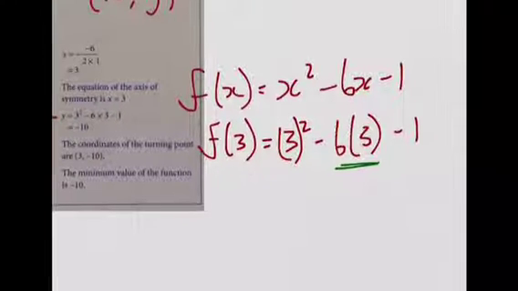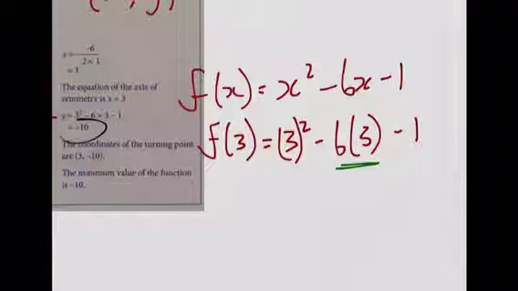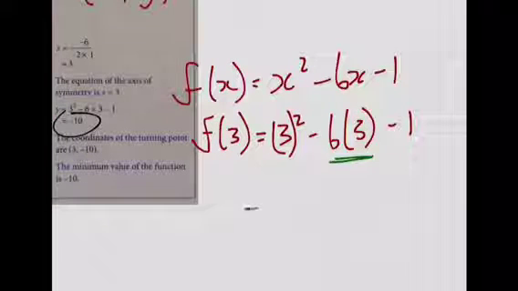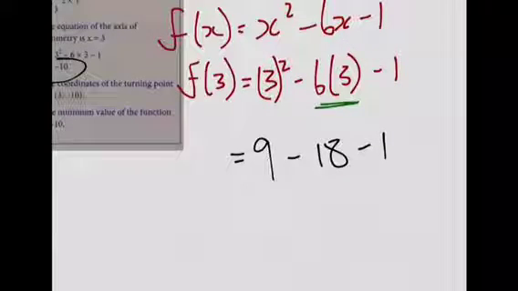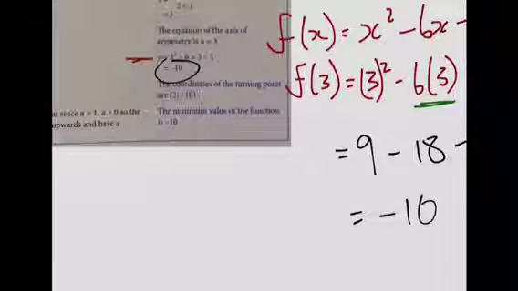So anyway, working through that, they've just got their answer there, but just for good measure let's work it out. So 3 squared is 9, minus 3 times 6 is 18, minus 1, which equals 9 minus 19, which is negative 10. Cool.